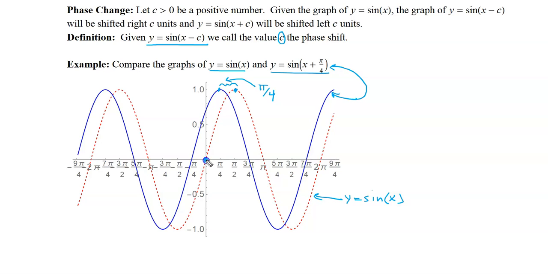That's where x is equal to 0. And the graph of sine of x plus pi over 4 crosses at negative pi over 4 right there on the x-axis. So we had to shift left pi over 4 units. And so we would say then that the phase shift for this function is going to be negative pi over 4.